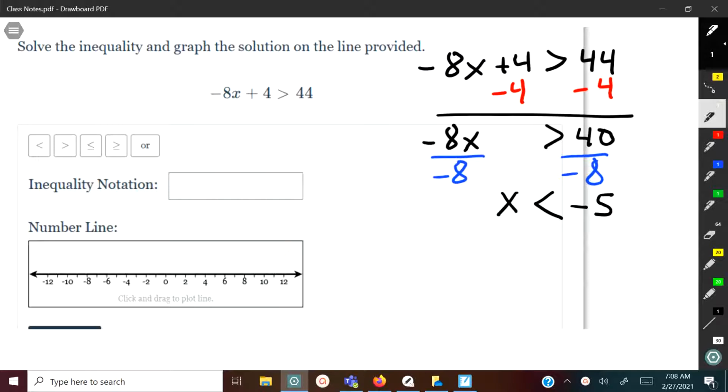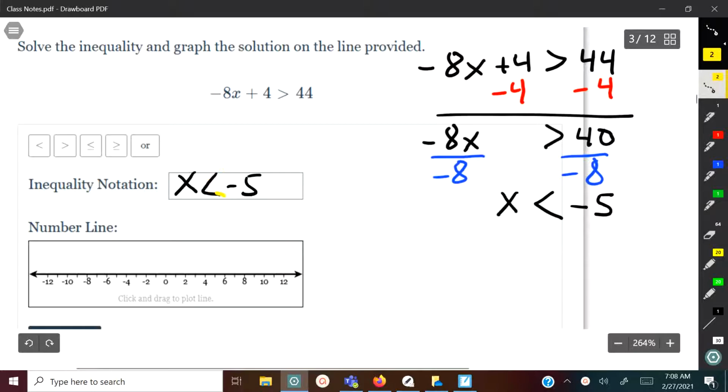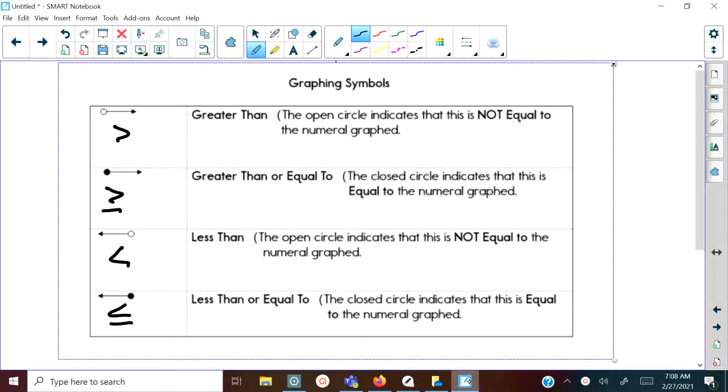Now I'm going to write that in over here. x is less than negative 5. And since it's less than, and my arrow goes this way, I know I'm going to point that way. But if you forget, don't forget to go back and look at your notes.